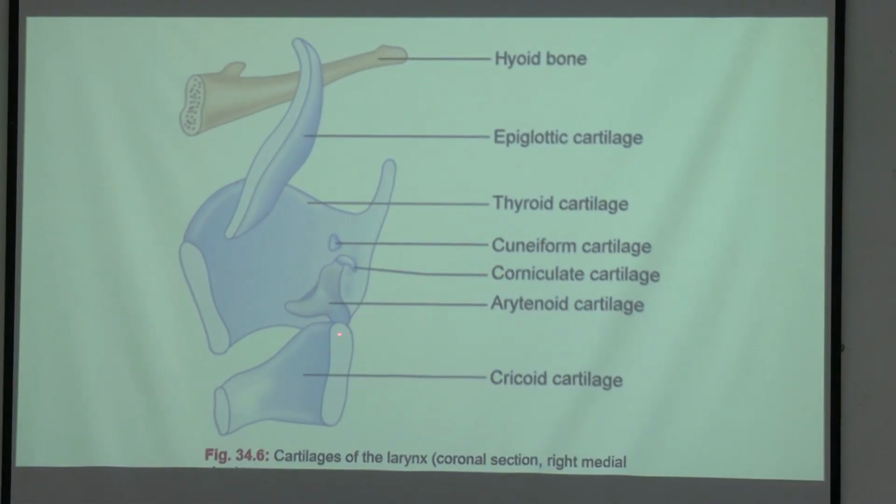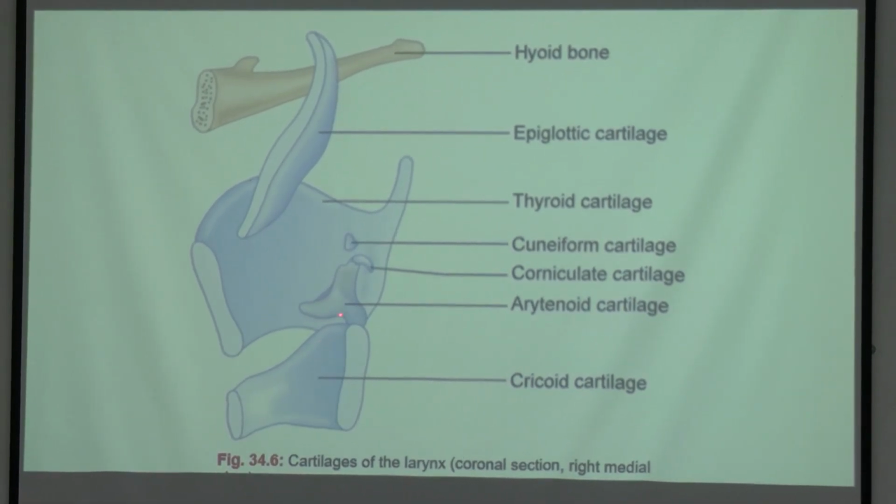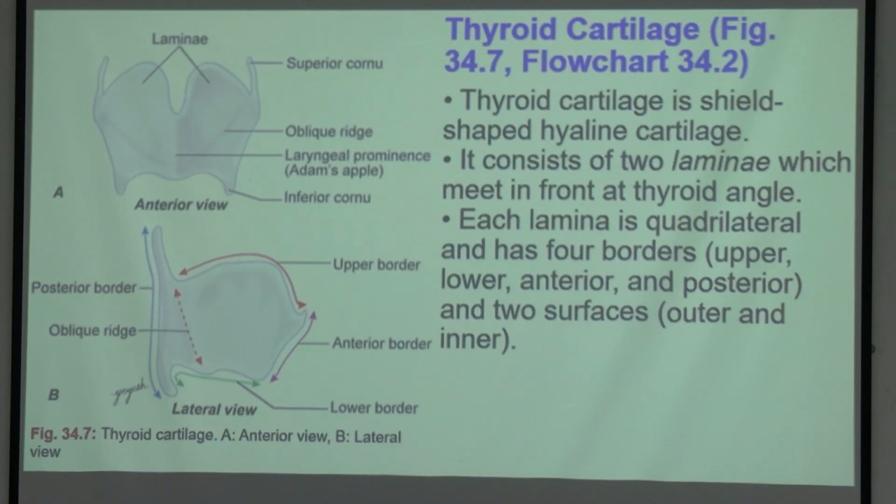And there is the connection between the cricoid cartilage and the arytenoid, the crico-arytenoid junction, and over which we can get these two cartilages, corniculate and cuneiform cartilage.